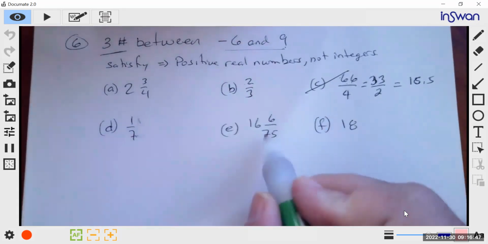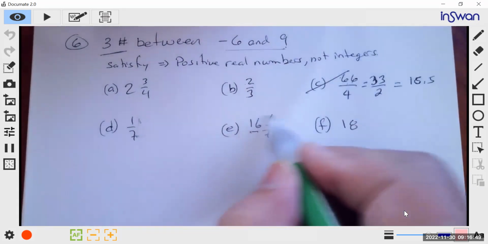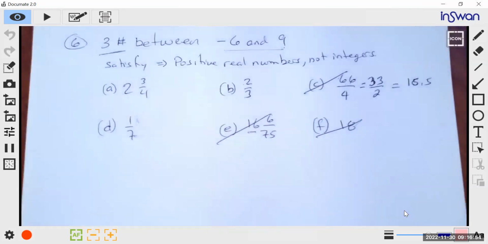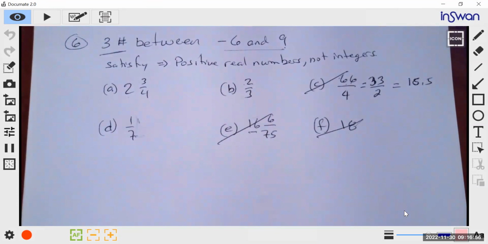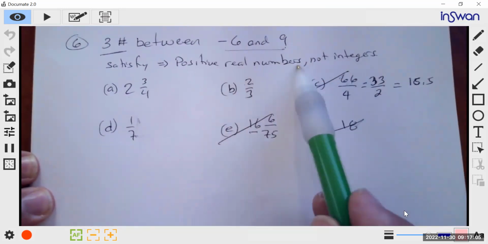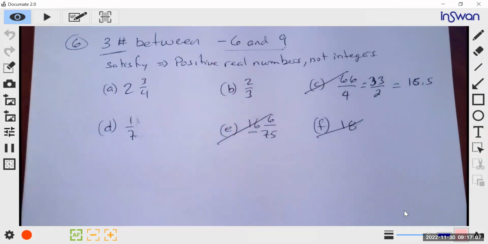That works. 16, that one cannot work. 18 cannot work, and it's also an integer. So those are all positive, they're between here, and they're not integers. So these are your answers.